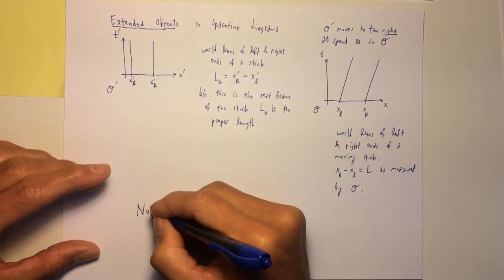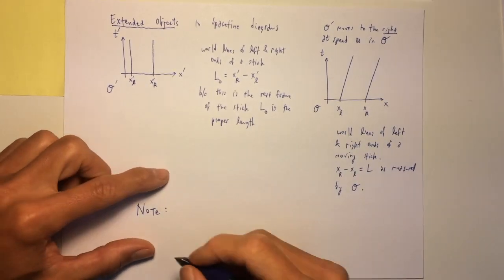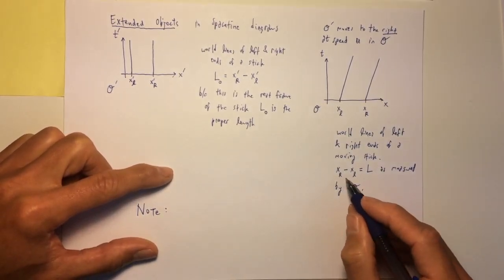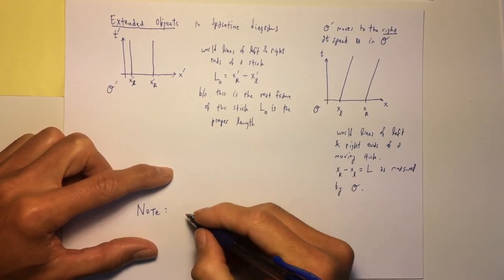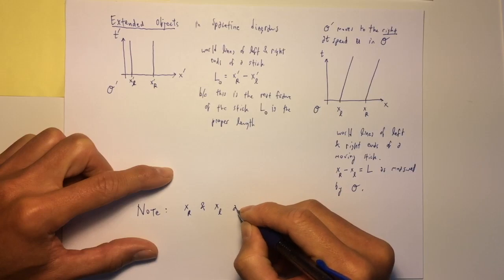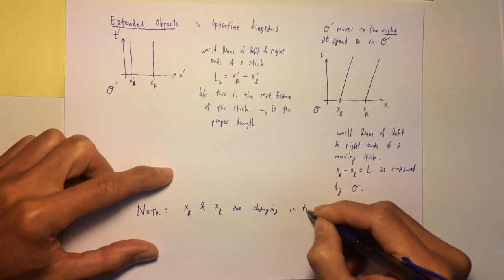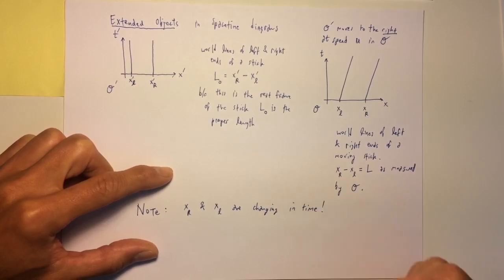But let me note really carefully. So these xr and xl are changing in time, right?